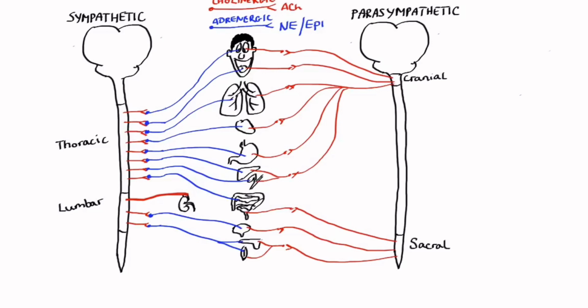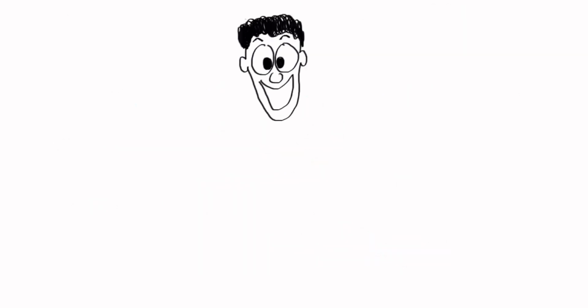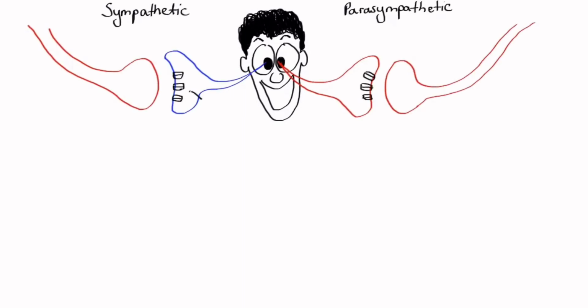Now, I want to briefly talk about the receptors involved in this whole system. So let's zoom in on this synapse from the sympathetic system, and also on this synapse right here from the parasympathetic system. The receptors on postganglionic neurons within the sympathetic and parasympathetic systems are all nicotinic receptors. Moreover, the receptors in skeletal muscle are also nicotinic.